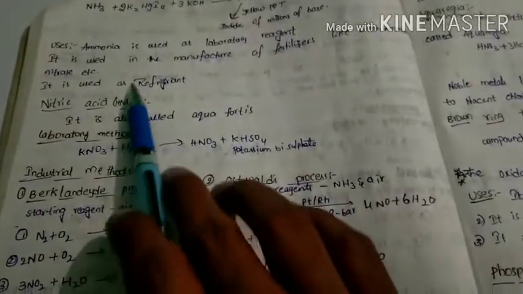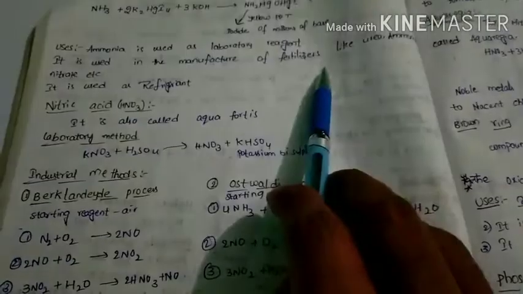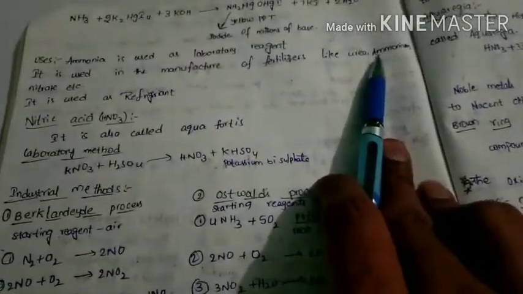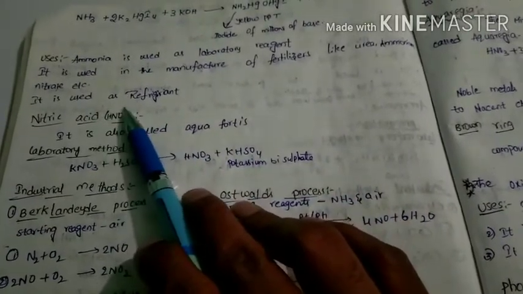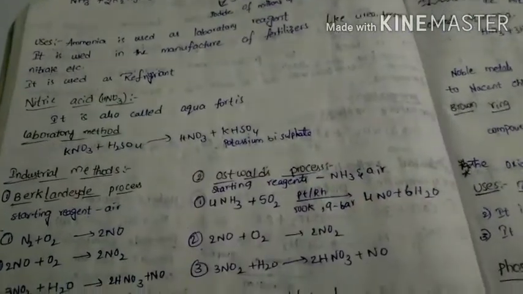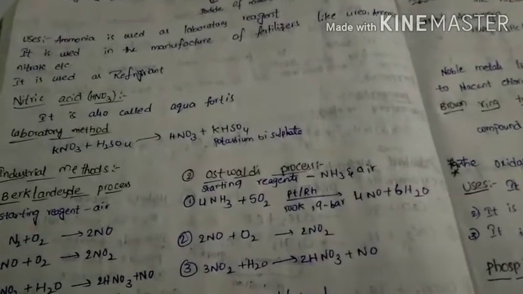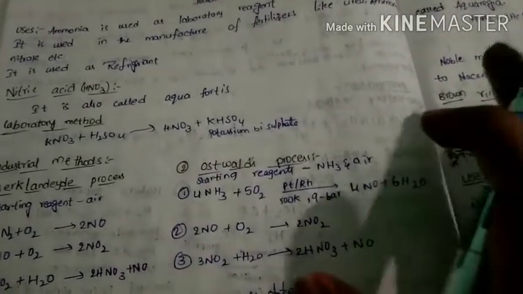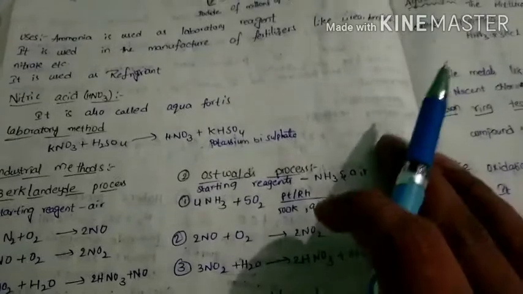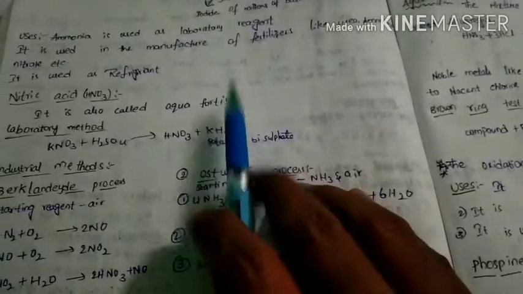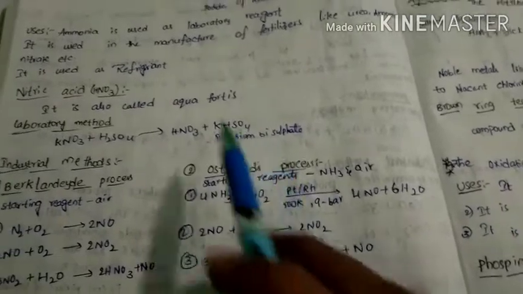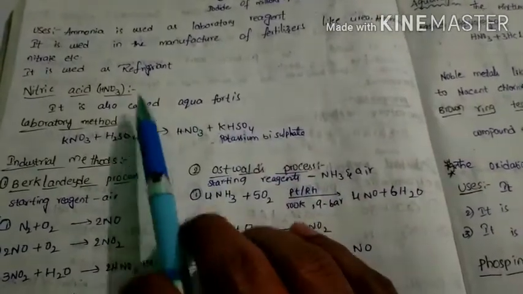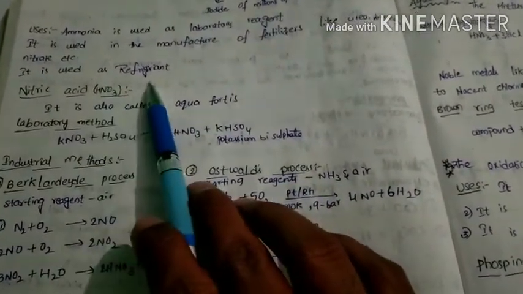Next, it is used in the manufacture of fertilizers like urea, ammonium nitrate, etc. Next, it is used as a refrigerant. Refrigerant means to keep the substances cool, to make the substances cool, we use ammonia. That is why it is used as a refrigerant.